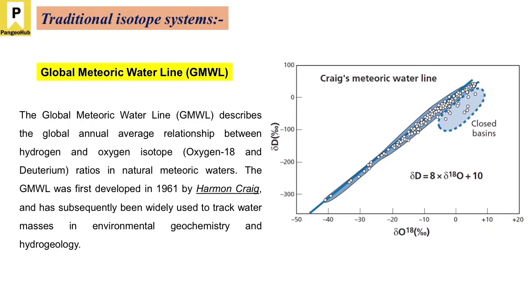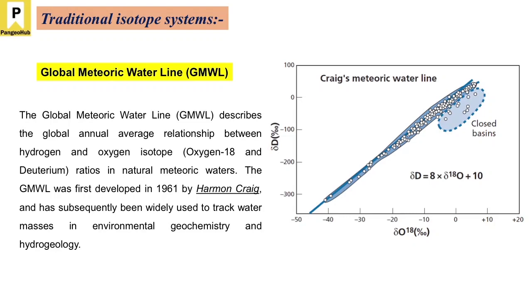The global meteoric water line was first developed by Harmon Craig in 1961 and has subsequently been widely used to track water masses in environmental geochemistry and hydrogeology. So as you can see, the very important use of this hydrogen isotope lies in environmental geochemistry and hydrogeology.